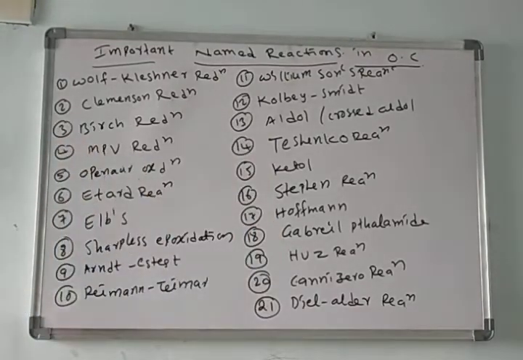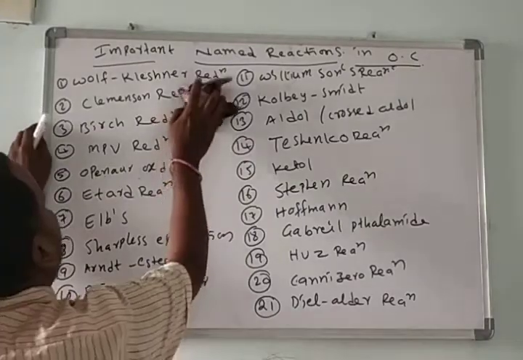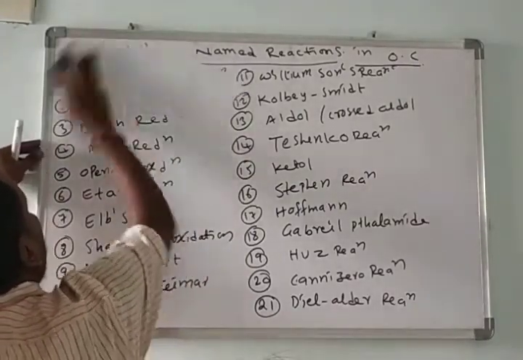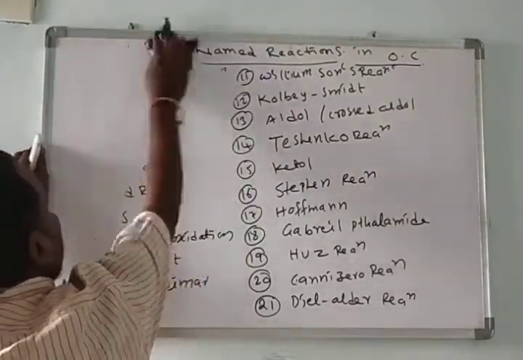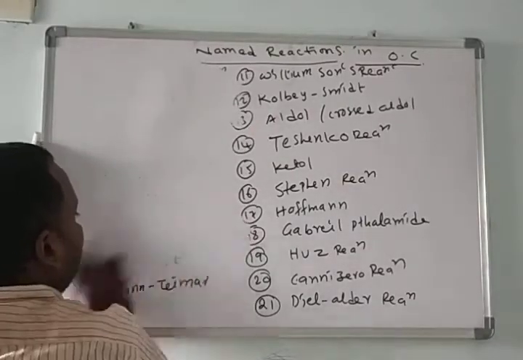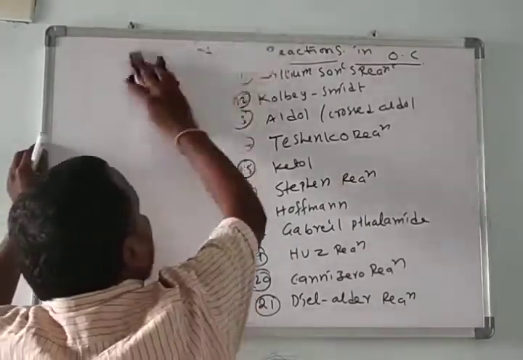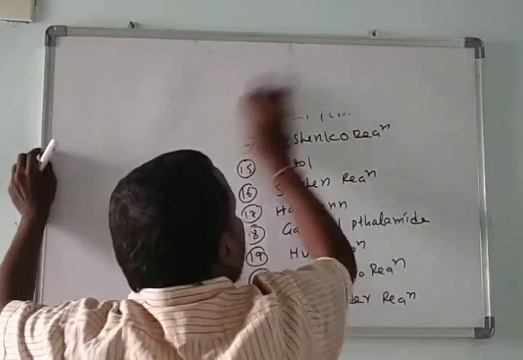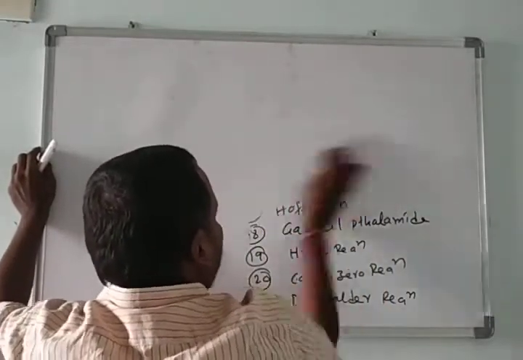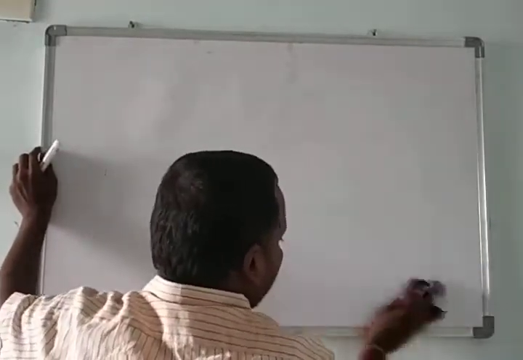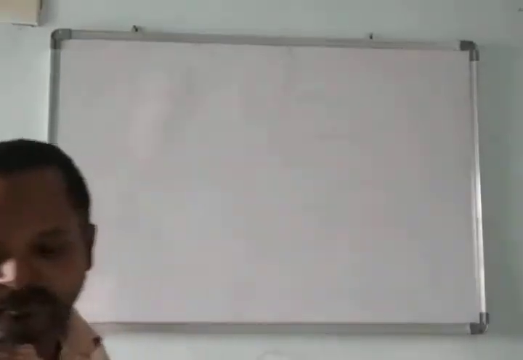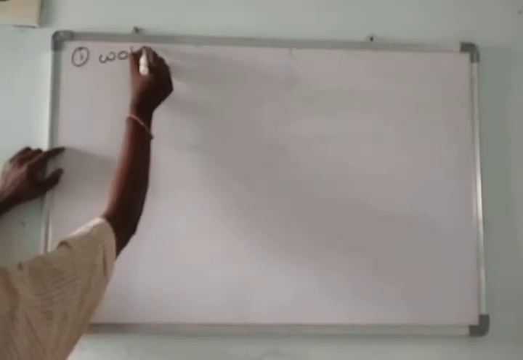We'll discuss all those reactions in one platform. We'll start with the Wolff-Kishner reduction. What is the Wolff-Kishner reduction? It is one of the reductions. What is the reagent used in Wolff-Kishner reduction?